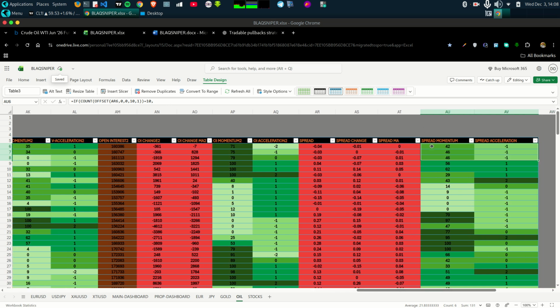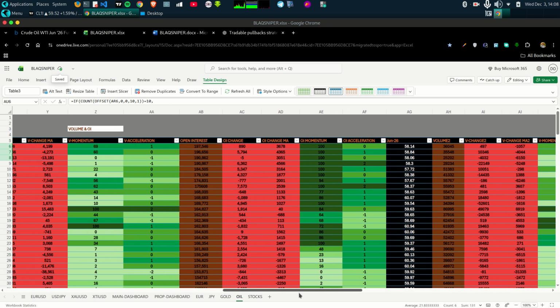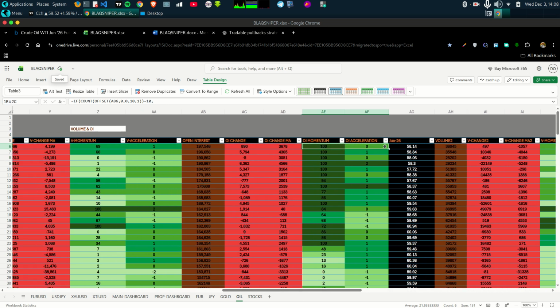I'm seeing this bullish expectation on oil, and looking at open interest, increasing open interest, I think I'm seeing increasing volume on what?